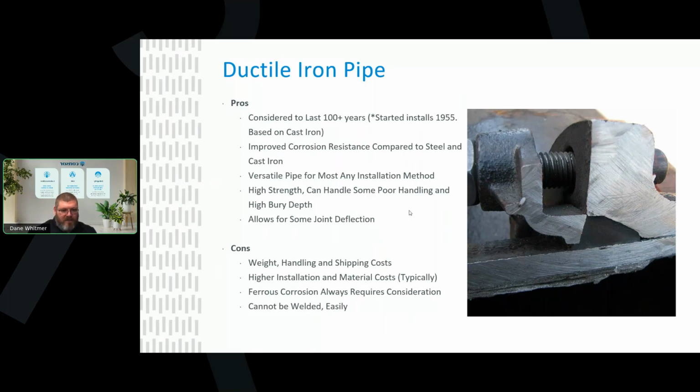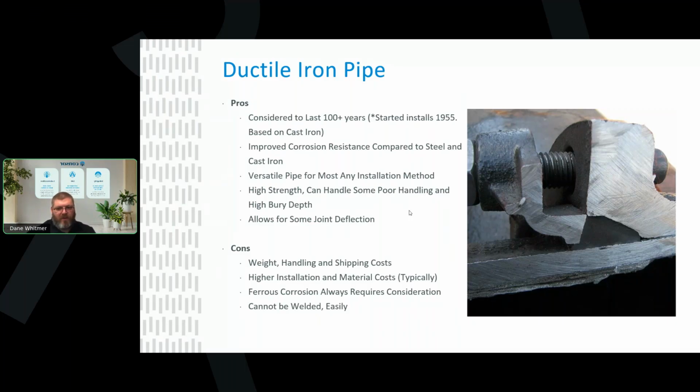Some of the cons: because it's metal, the weight and handling and shipping costs can be higher. Ferrous corrosion always requires consideration, and if anybody has welded before, you can find that ductile iron and cast iron are equally difficult metals to weld and take specialty to consider.